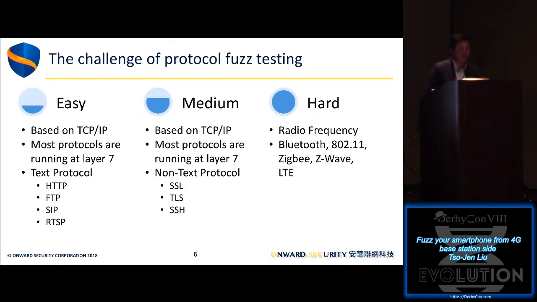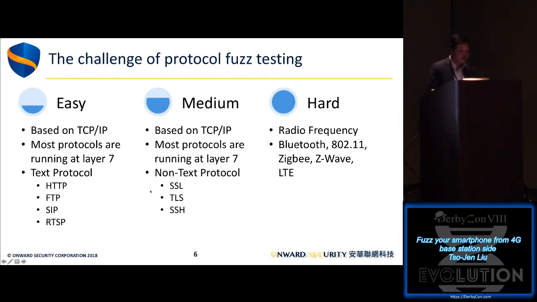Some protocols like HTTP, FTP, and RTSP are presented in text. So you can just use a sniffer to dump the packet, and use a text editor to edit the content to do the fuzzing test.